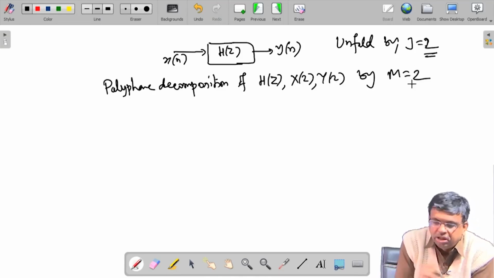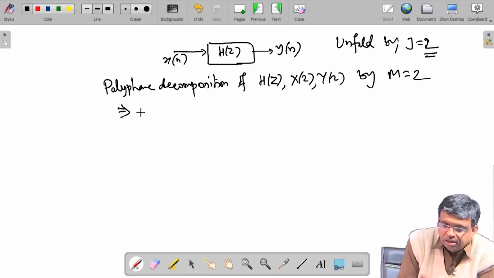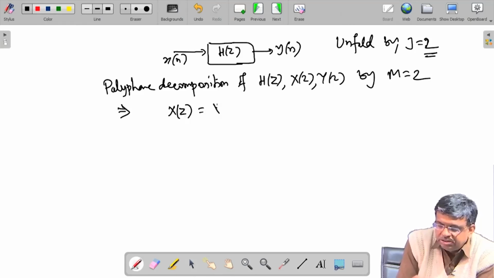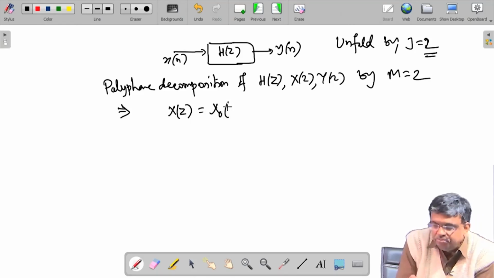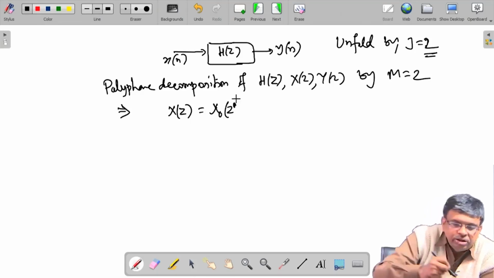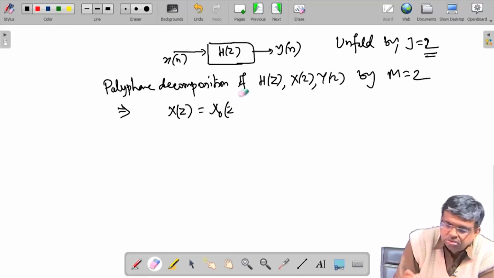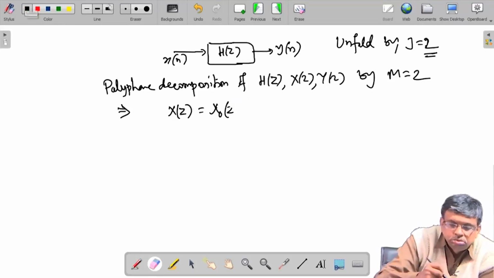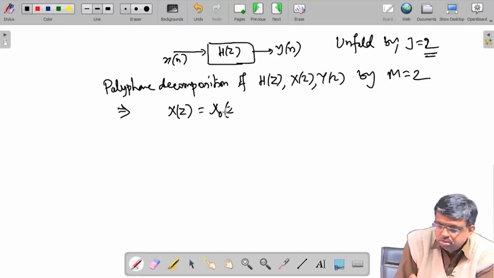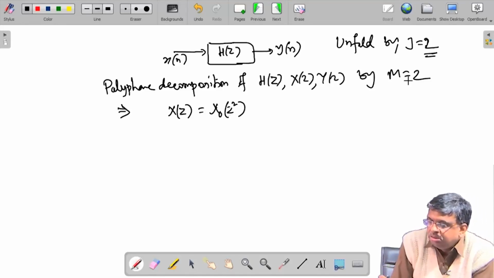I pick up this 2 from here, which means X(z), we have already written the thing, it will be X0(z to the power M), that is z square. Since M is 2, M minus 1 is 1, that means between every pair of samples I will have 1 zero. So, x of 0 followed by a 0, then followed by x 1, then followed by 0, then followed by x 2, then followed by 0 likewise.